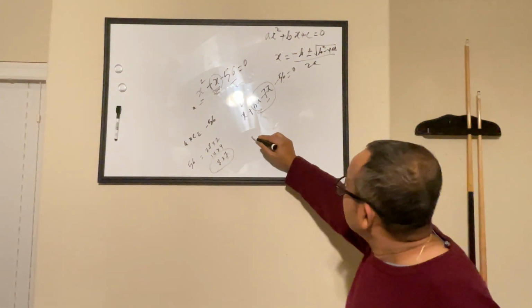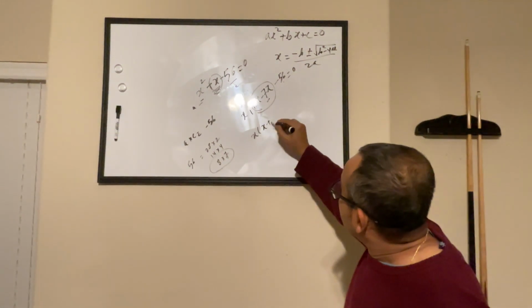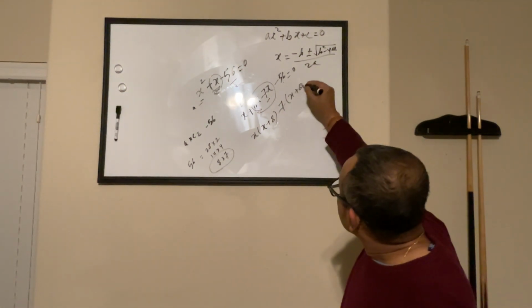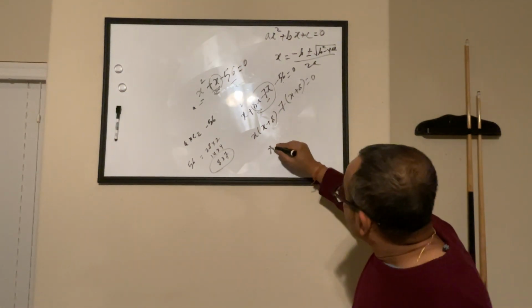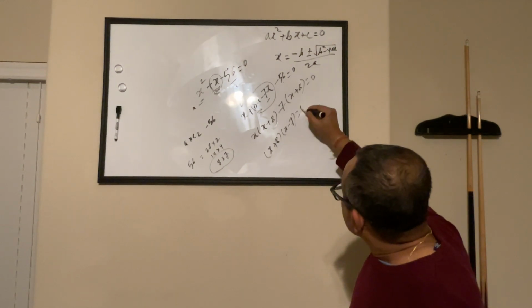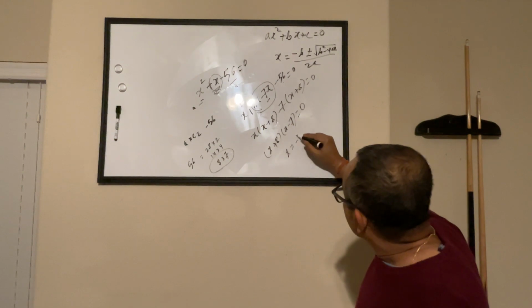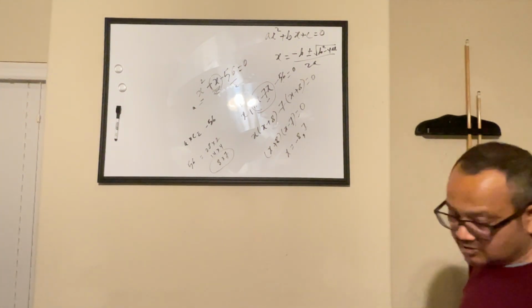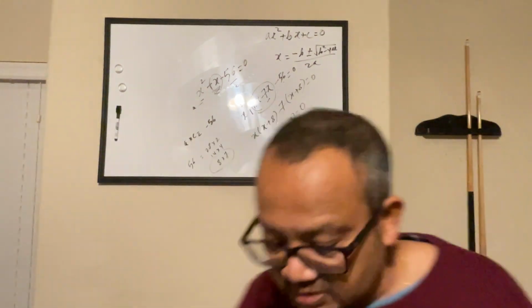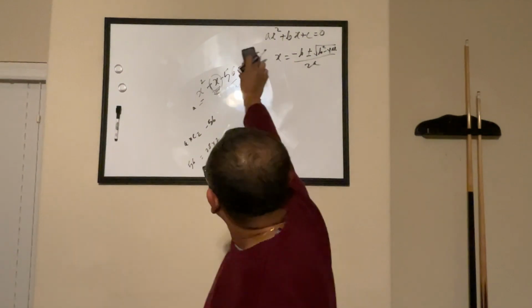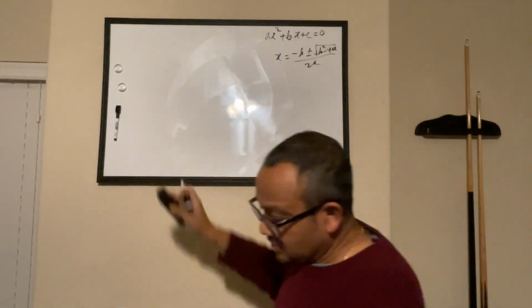So x plus 8 and x minus 7 equals 0. So the value of x is either minus 8 or 7. So you said C. Okay, you're right. Seems like all these concepts are very clear to you. We're just doing a recap. Now let's go to the next question.